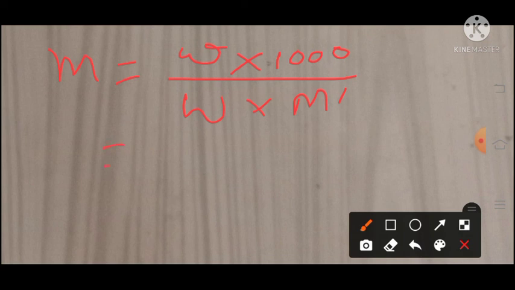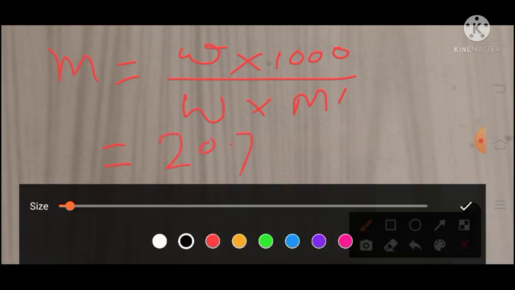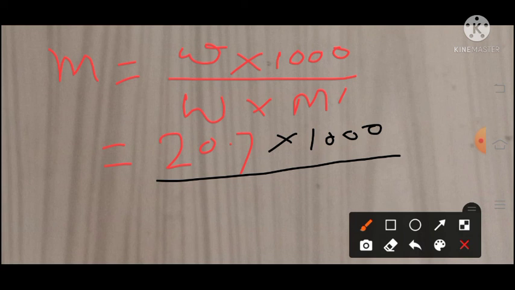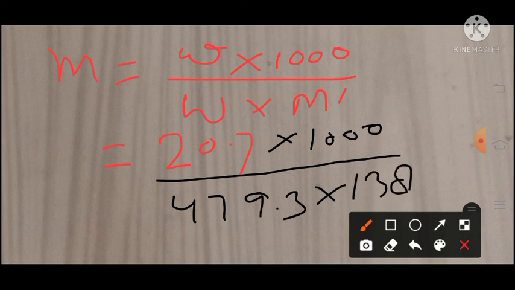W equals 20.7 into 1000. Weight of solvent equals 479. Molar weight equals 138.